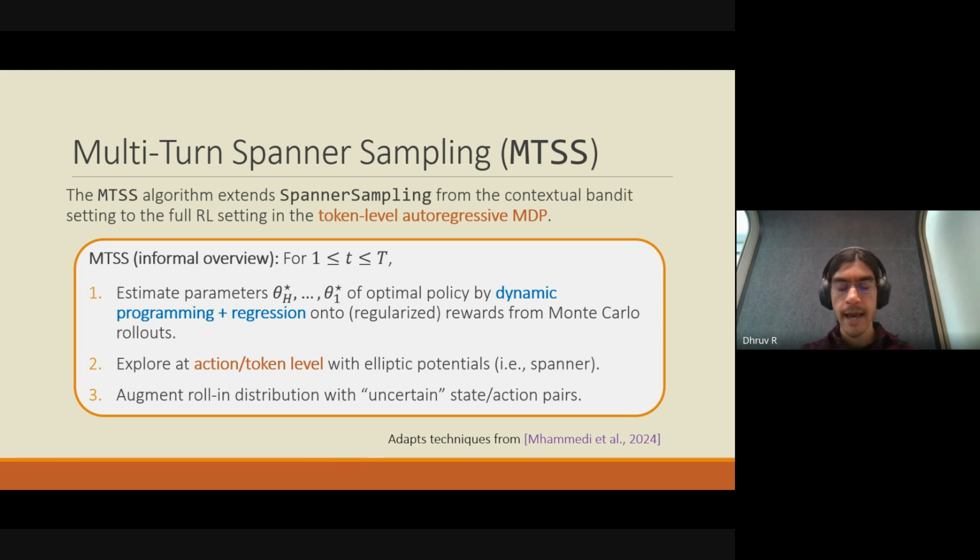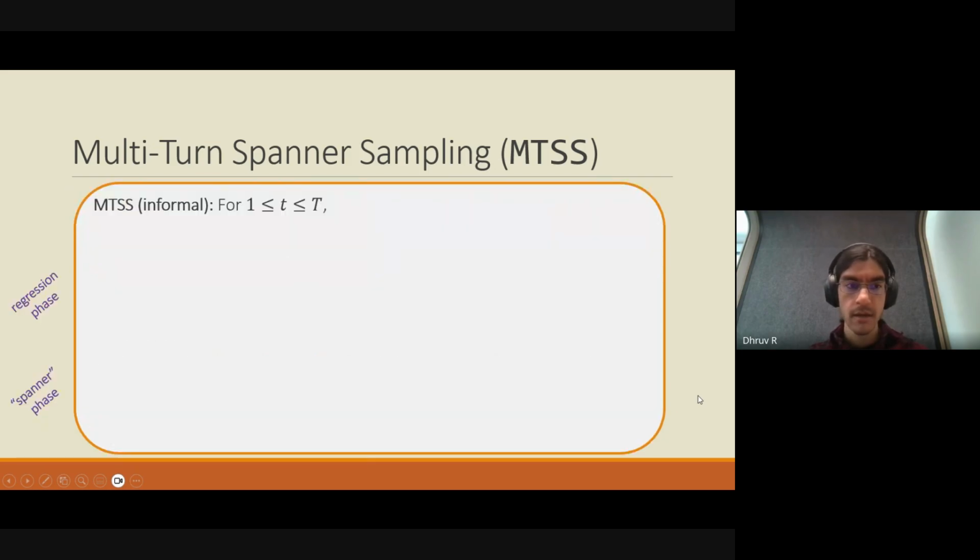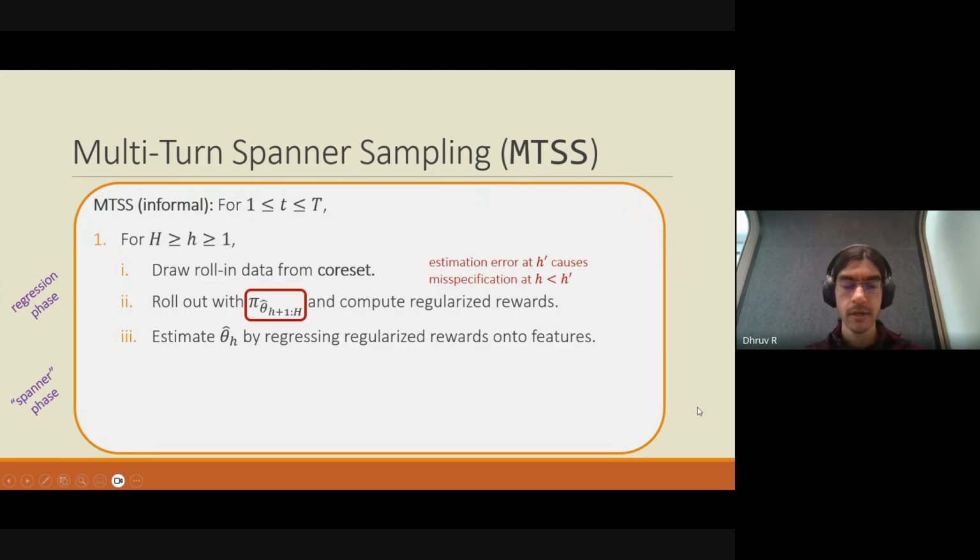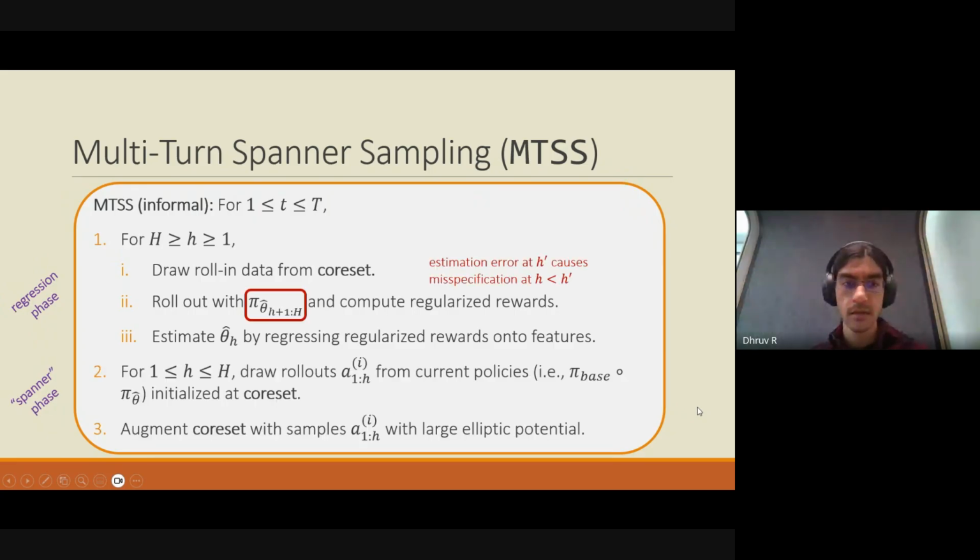You explore at the action or token level using these elliptic potentials, and you augment the distribution you're drawing samples from using the things that are novel compared to what you've seen before. I have a more detailed explanation of this alternation between the regression phase and the spanner phase, but I will go past this in the interest of time.